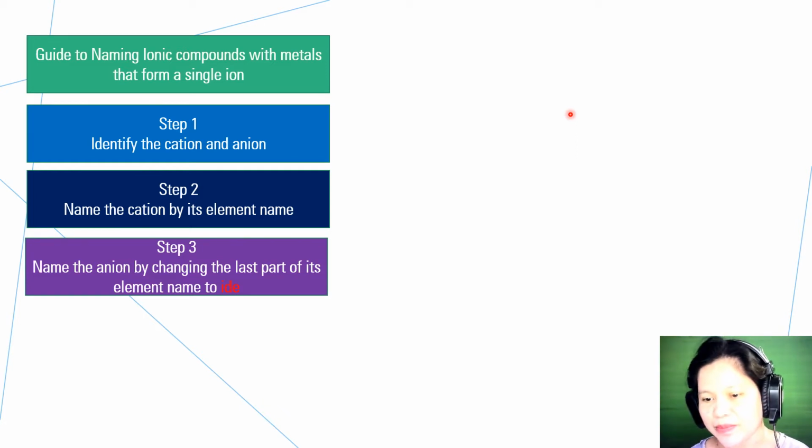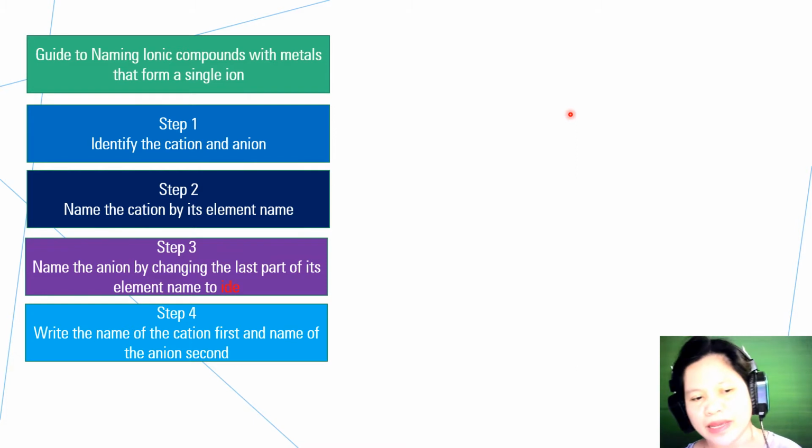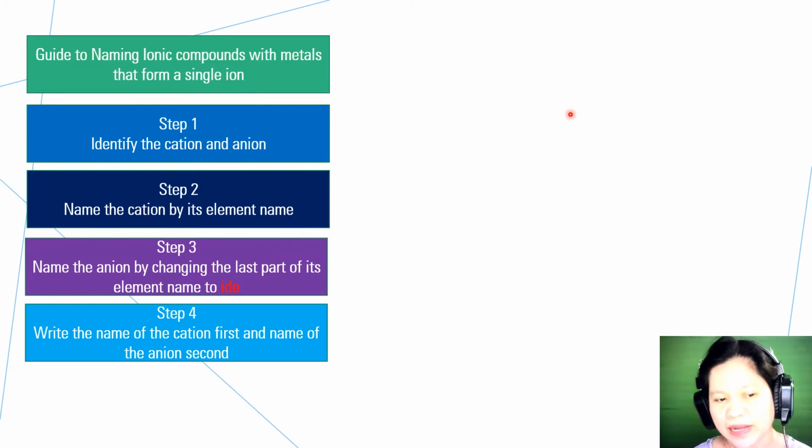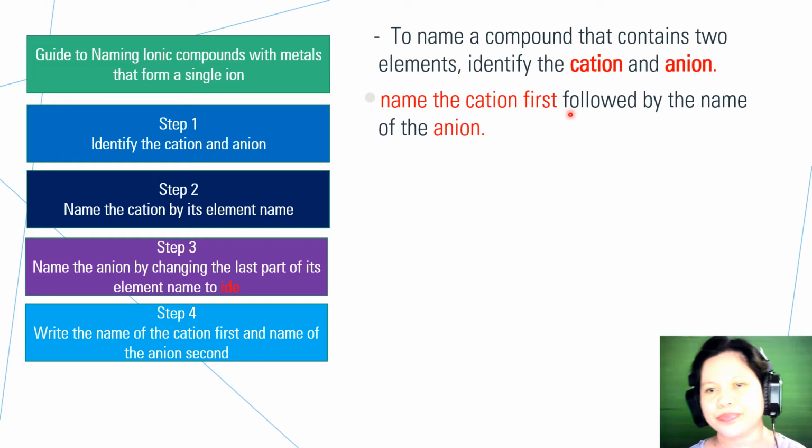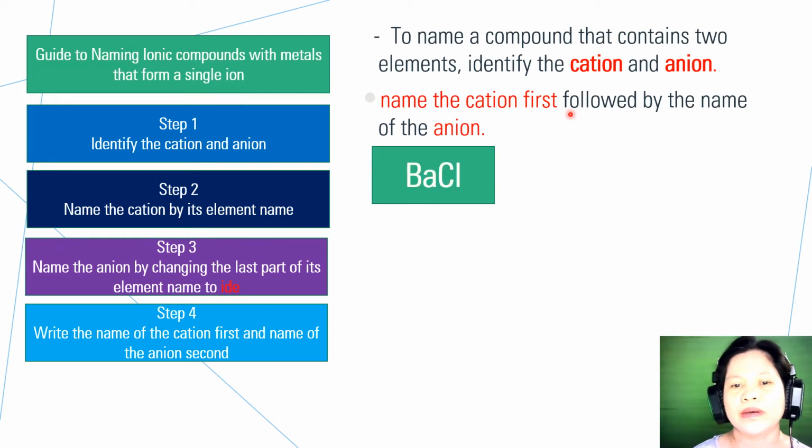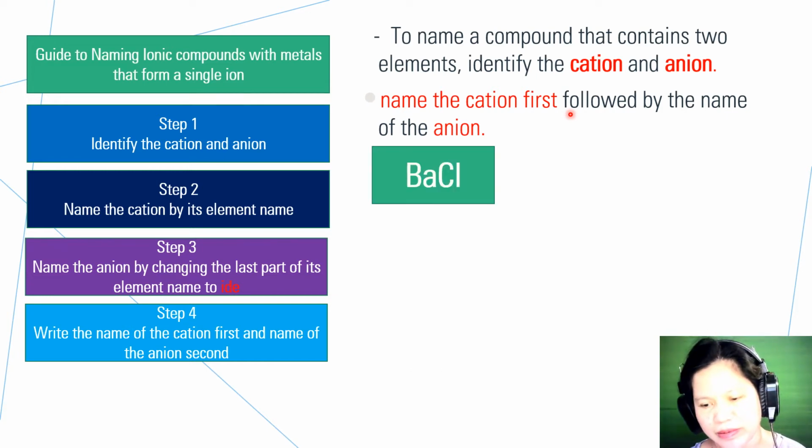But this time, you will change chlorine into chloride. So that is step 4. Write the name of the cation first and the name of the anion second. So let's have an example. Okay, barium chloride, barium and chlorine.